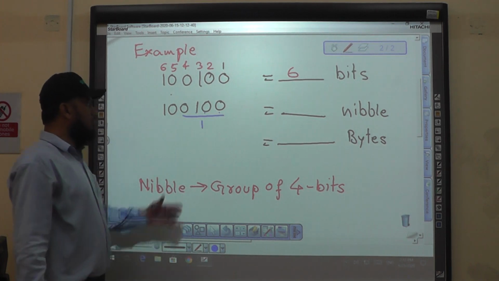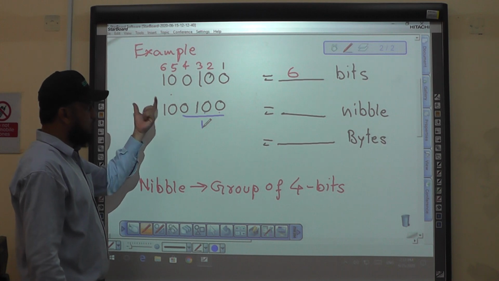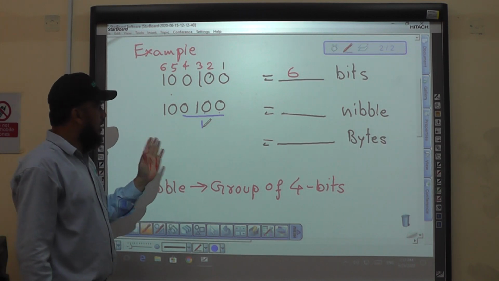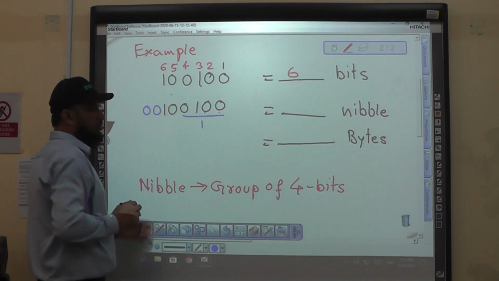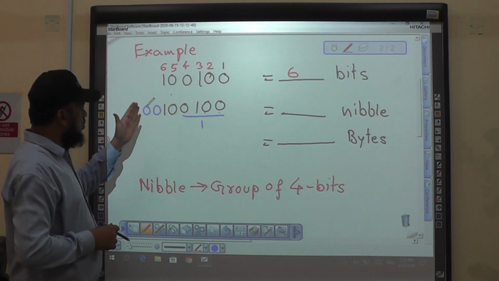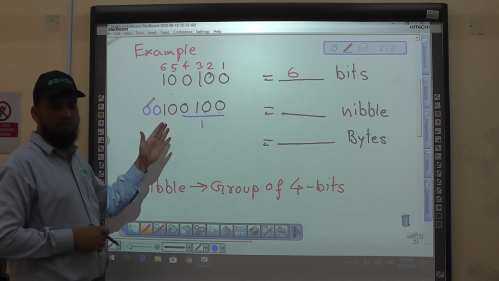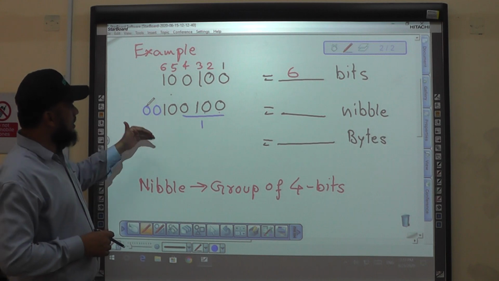How many remain? Only 2 digits, or 2 bits. But 2 bits will not count as a nibble, so we add 2 extra bits as 0. If you write a 0 on the left side of any number, it will not change the value of the number.